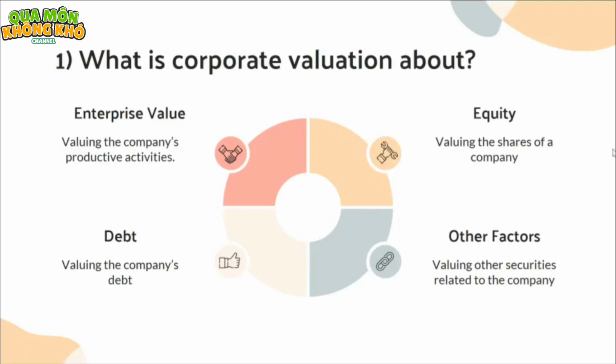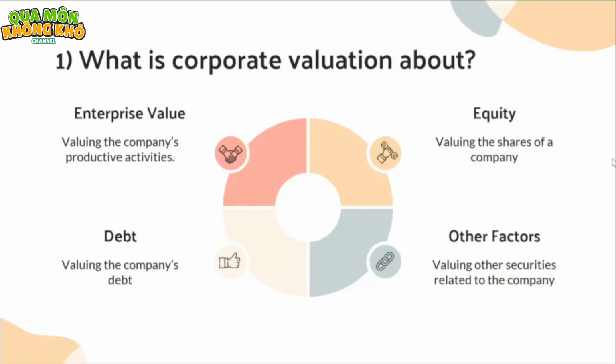Second is equity. It is to value the shares of the company, whether for the purpose of buying or selling a single share, or valuing all the equity for the purpose of corporate acquisition. Next one is debt, valuing the company's debt.